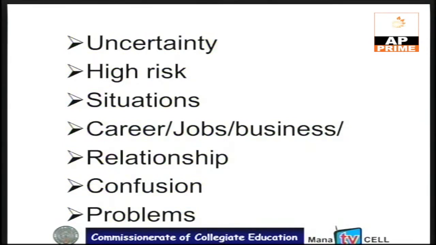See, for example, when you are not in a position to take your own decisions and hand over your problem or decision into others' hands, who have no idea of your problem, then these are the risks you are going to bear. There may be uncertainty. You may not get a correct decision or a right decision for a right problem. There may be high risk also. You will be falling into a high risk.